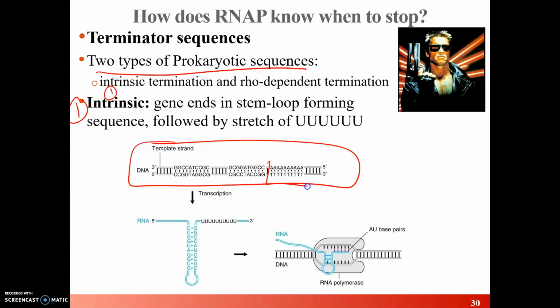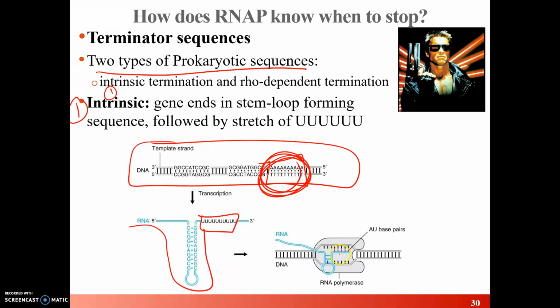If you see on the DNA, we have a stretch of A's and T's at the end. Basically, the whole gene is done, and you can look almost here on the bottom right. RNA polymerase is going to form one of these stem loop structures. It's a bigger image of it here on the left. So there on the left, here's the stem loop structure, and this stretch of U's was transcribed from the sequence of A's and T's.